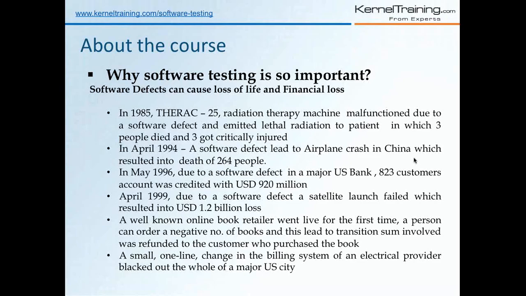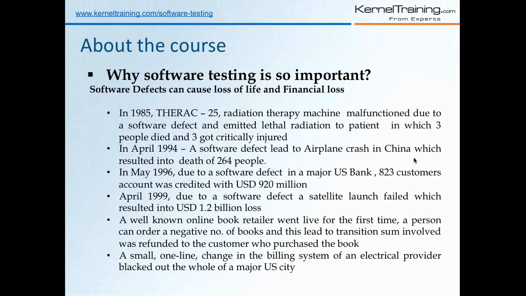Another example: in April 1994, there was a plane crash because of a software defect, which resulted in 264 people dying. So here we have a human loss also. Similarly, in May 1996, due to a software defect in a major US bank, 823 customers' accounts were credited with USD $920 million.